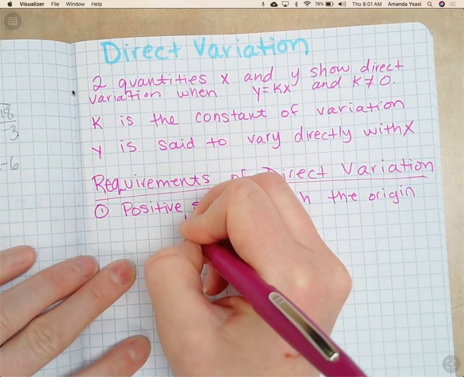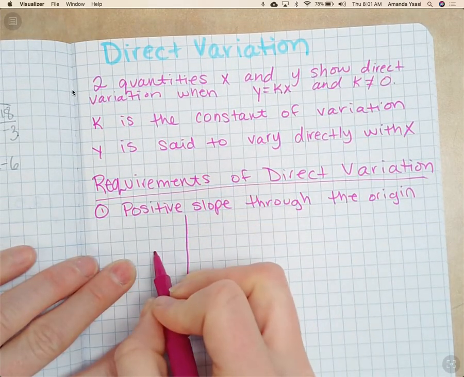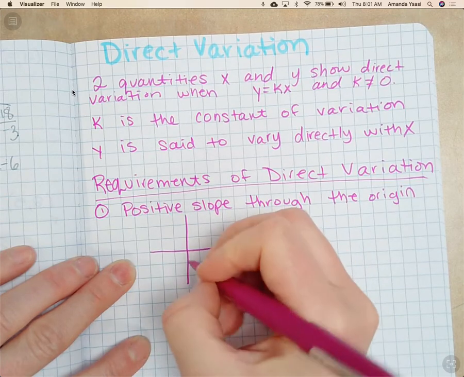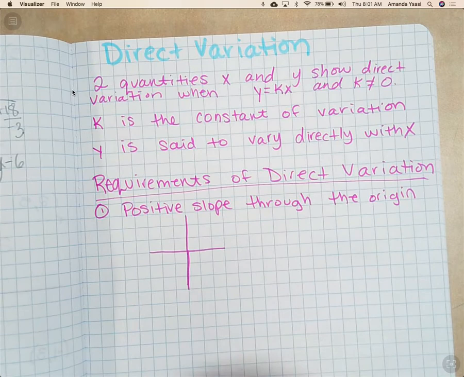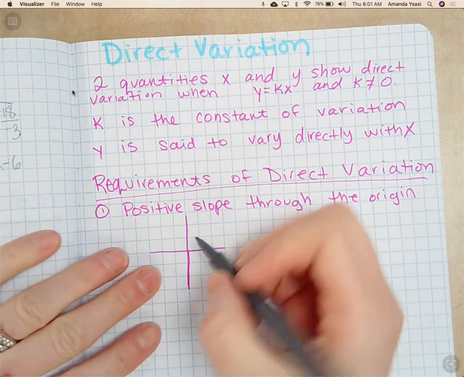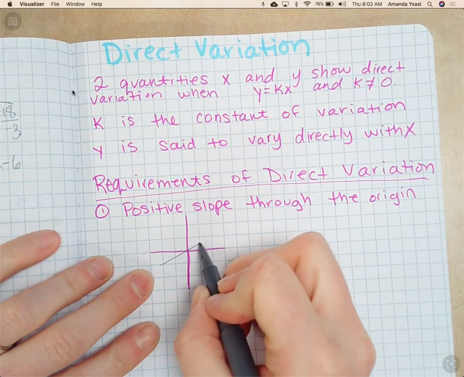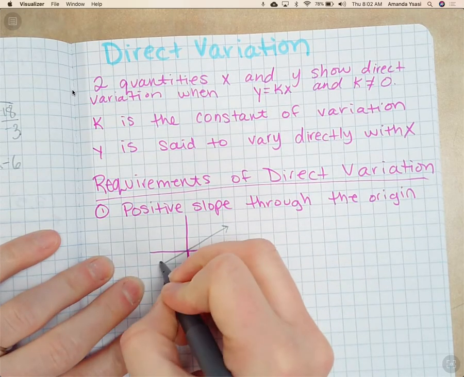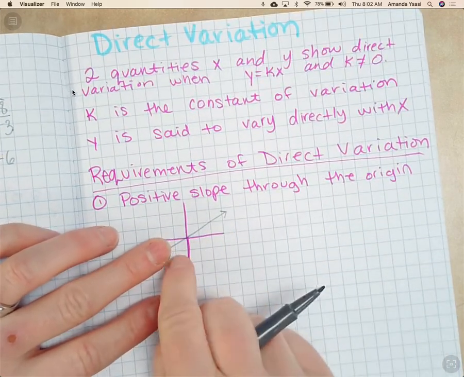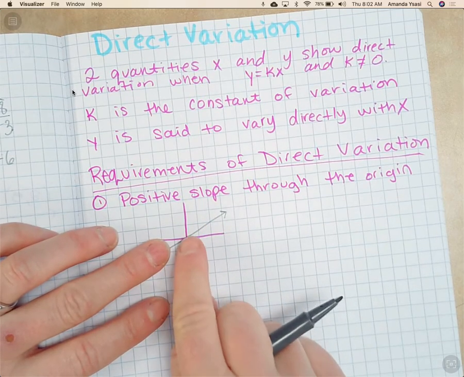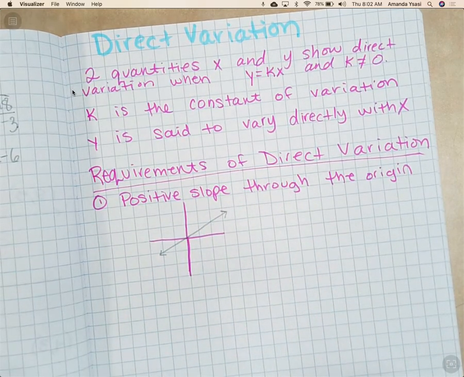If you have a graph, I'm just going to do a 3 by 3 like this, then your line is going to go through the origin. It doesn't have to cut this in half or anything. It could be any slope that goes through the origin and is positive.